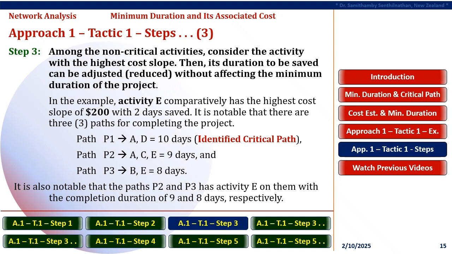Path P2 consists of activities A, C, E with completion duration of 9 days. And Path P3 consists of activities B, E with completion duration of 8 days. It is also notable that the paths P2 and P3 have activity E on them with the completion duration of 9 and 8 days, respectively.